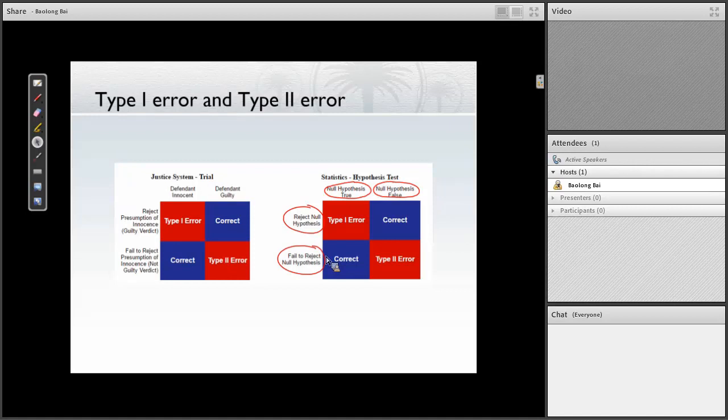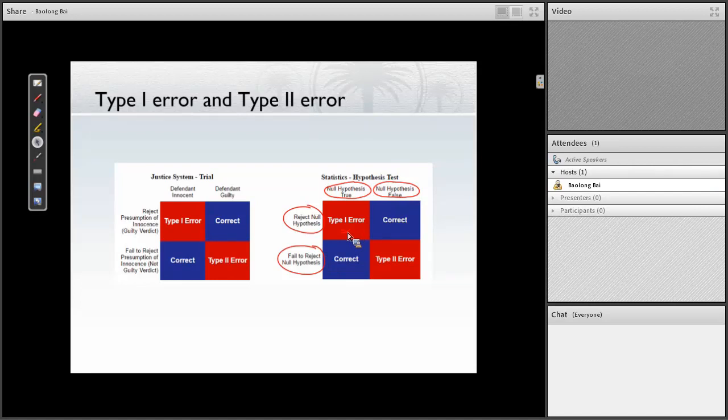Then if you reject the null based on the sample information, but the null is actually a true claim, that means you're making a mistake. We call that mistake a type 1 error, and we use alpha to represent it.